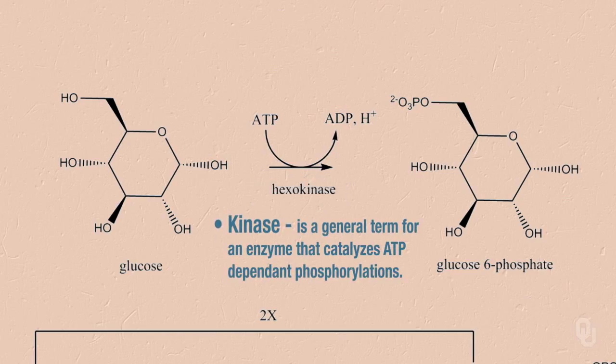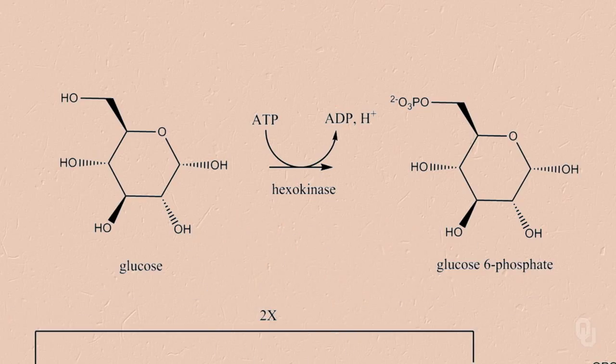Kinase is a general term for an enzyme that catalyzes what we call ATP-dependent phosphorylations. So you see above the reaction arrow, ATP is being converted to ADP plus a proton, and a phosphoryl group has been transferred from ATP to glucose to make glucose 6-phosphate.